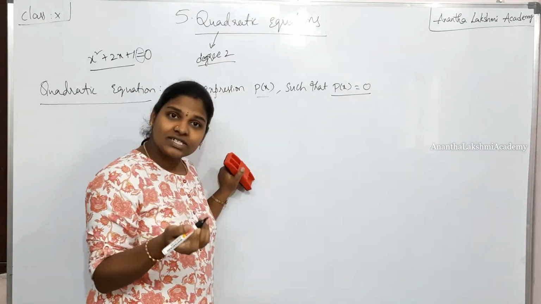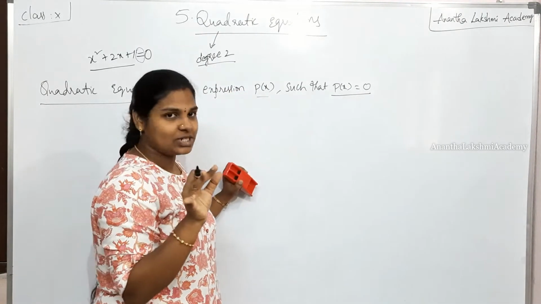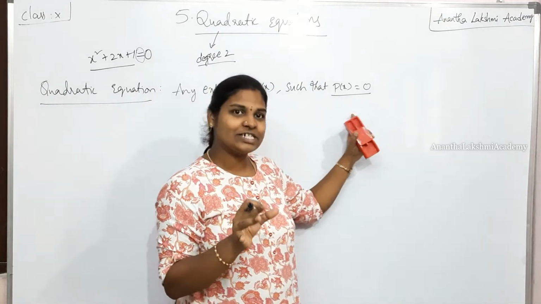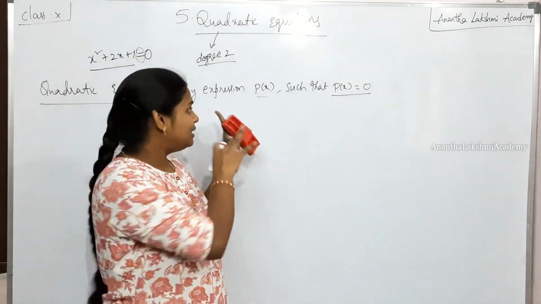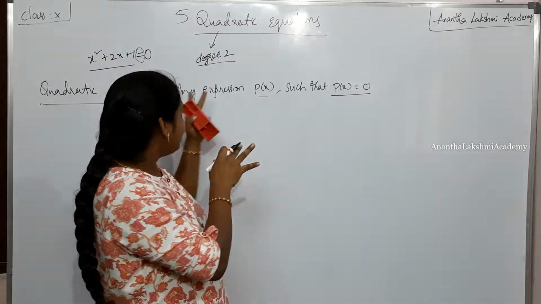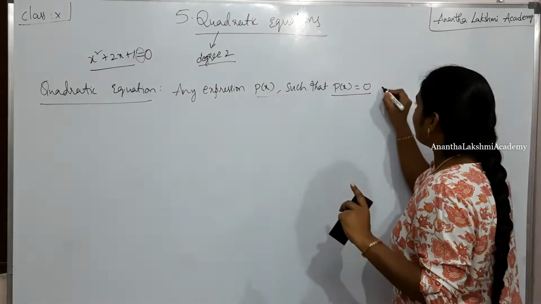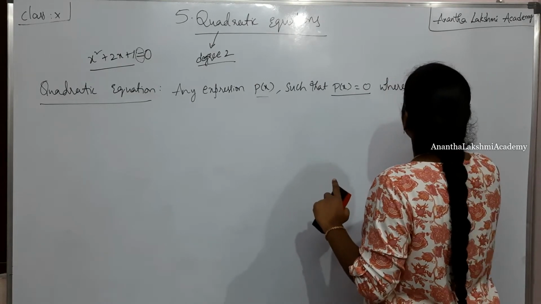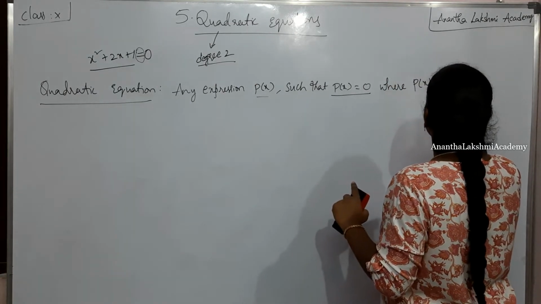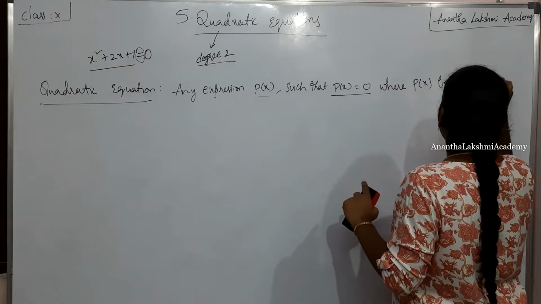When I write p of x is equal to 0, it becomes an equation. That's an expression, this is an equation. In order to make you distinguish the difference, I am writing it like this. Any expression p of x such that p of x is equal to 0, where p of x be any polynomial.